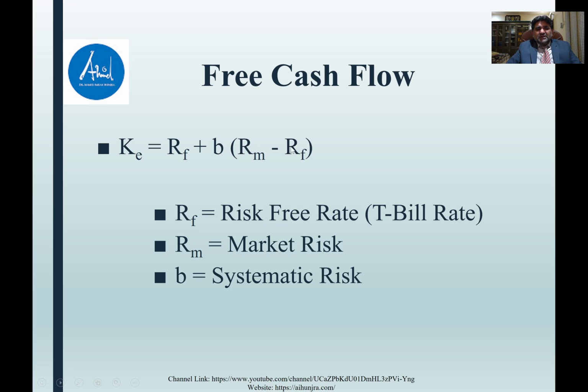From this formula we can calculate the cost of equity. So cost of equity is risk-free rate plus systematic risk, that is beta, multiplied by market return minus risk-free rate. RF is the risk-free rate, RM is the market rate, and beta is systematic risk.